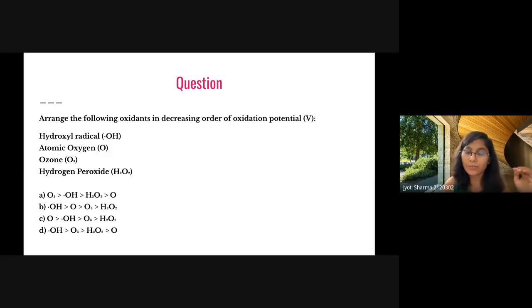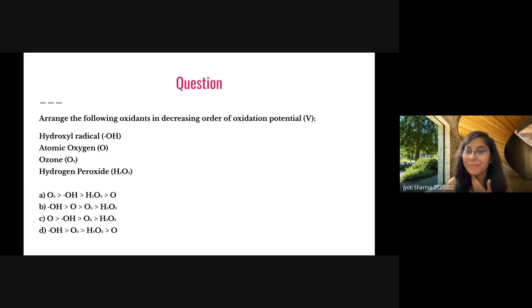And you have to give me the sequence for this. So the thing is very clear that hydroxyl radical is the strongest one, right? So based on that, I think among B and D, only one will be the right answer. Now you have to tell me whether it is B or D.